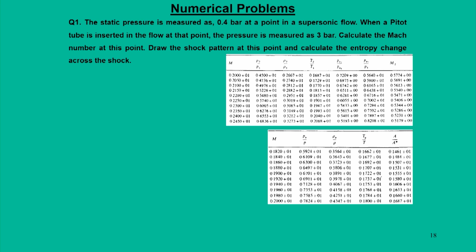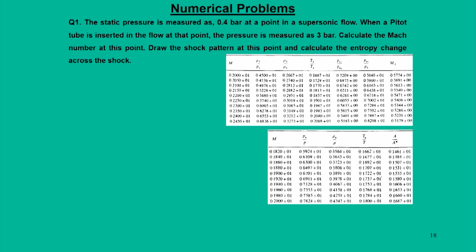Now, before closing this, let me try to solve one specific problem, on change in entropy across a shock. The problem statement goes like this: the static pressure is measured at 0.4 bar at a point in a supersonic flow.